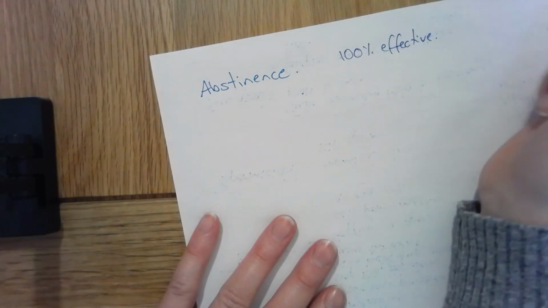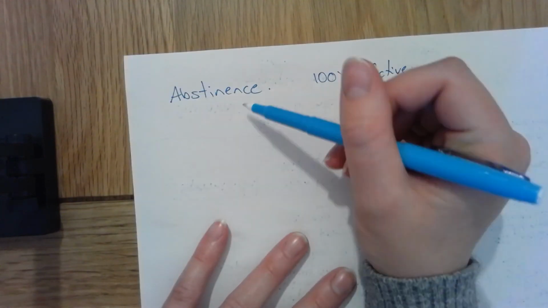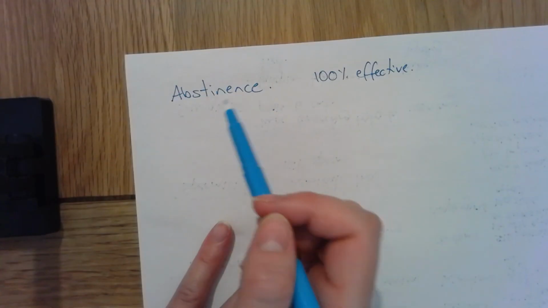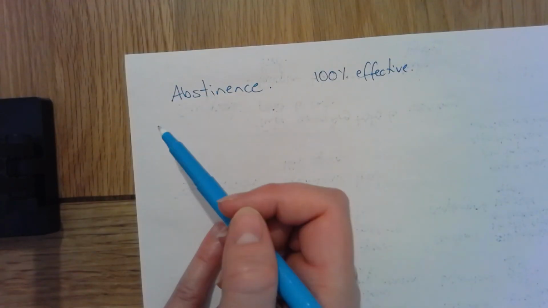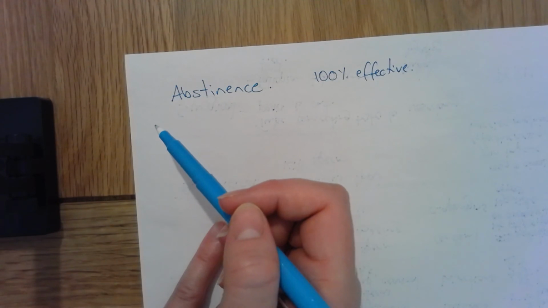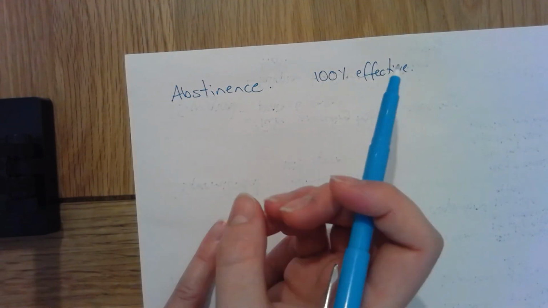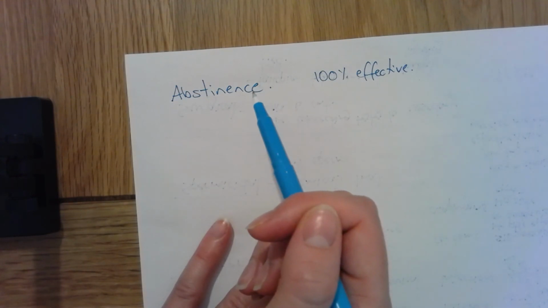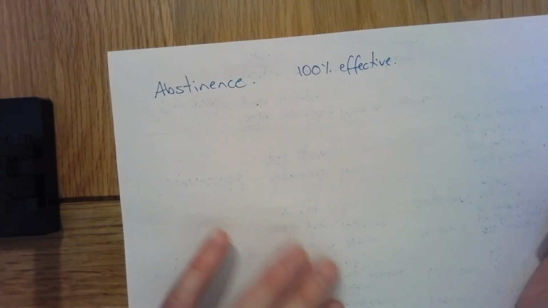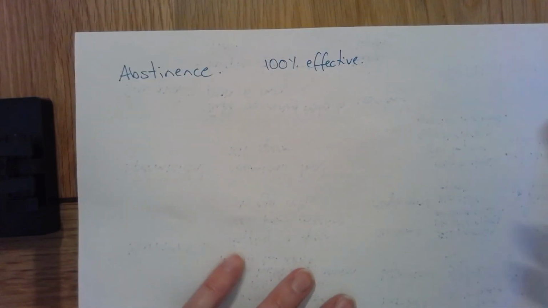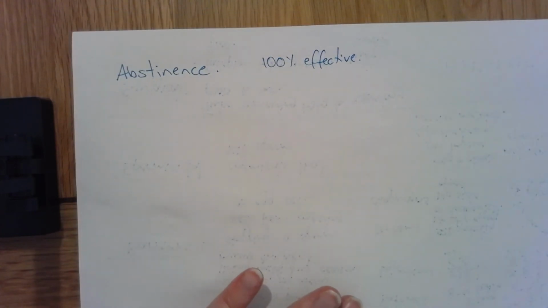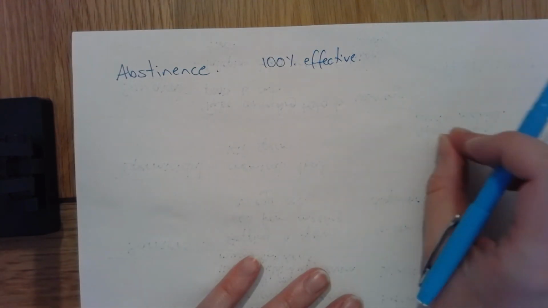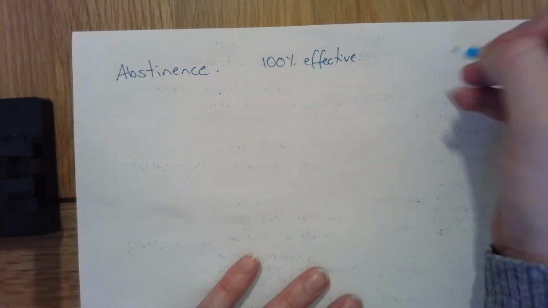Some people use a form of abstinence where they only avoid sex during the period where a female is fertile. That is much less effective, particularly in people who don't have a regular cycle, or people who are quite young where their cycle hasn't kind of gotten into a regular rhythm yet. So if you only abstain during the fertile period, it is much less effective.